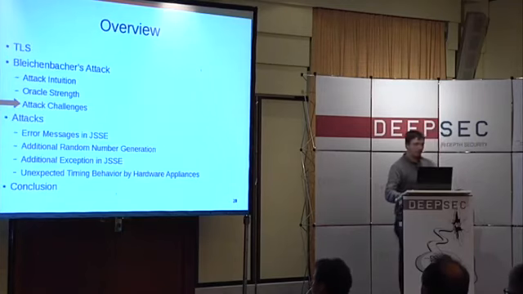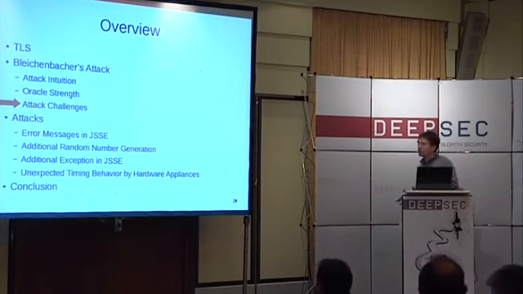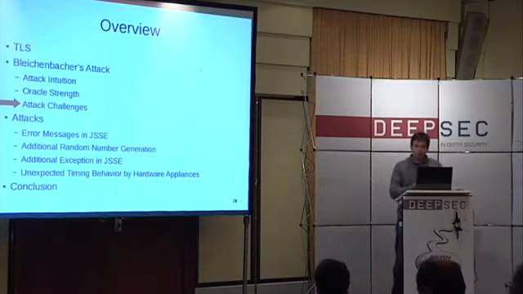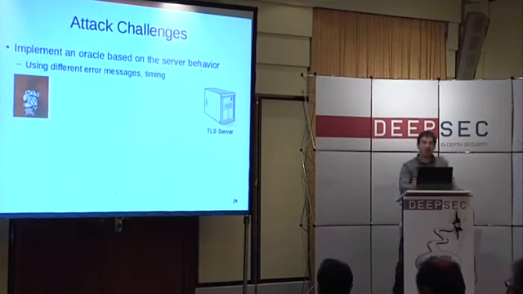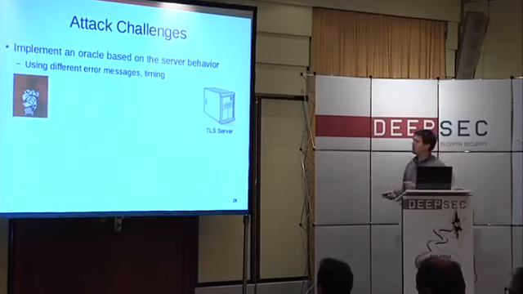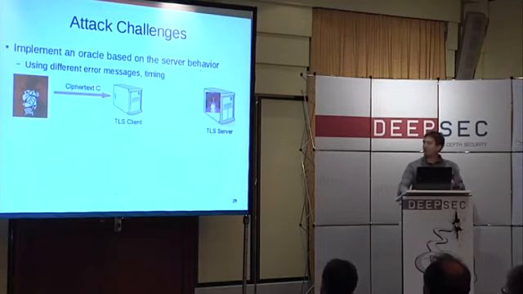Okay, so we saw how the attack in general works and how the Oracle works, and what our challenges are now for the current SSL/TLS implementations. Our challenge was to use some TLS server and some TLS client which uses the TLS server as an Oracle.